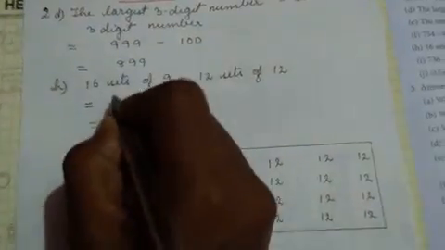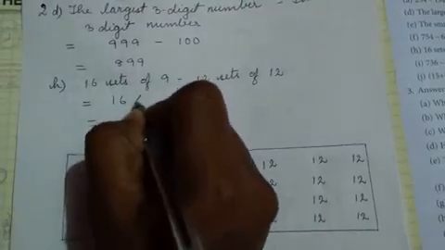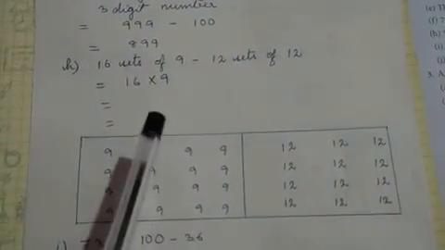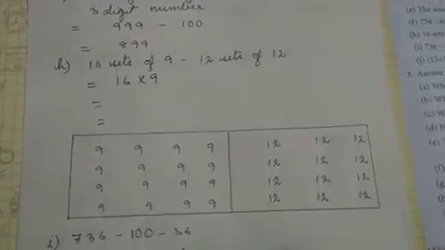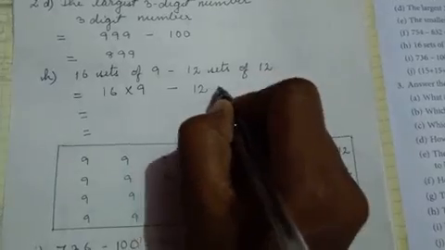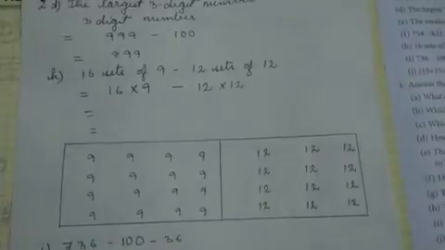So 16 sets of 9 can also be written as 16 into 9, since 9 has been given 16 times. So I am writing 16 into 9 minus 12 into 12.